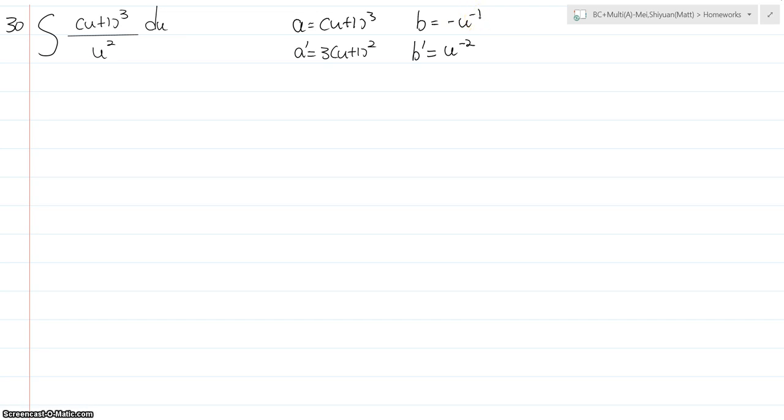So this will be equal to, according to the integration by parts theorem, a times b minus the integral of a prime times b.